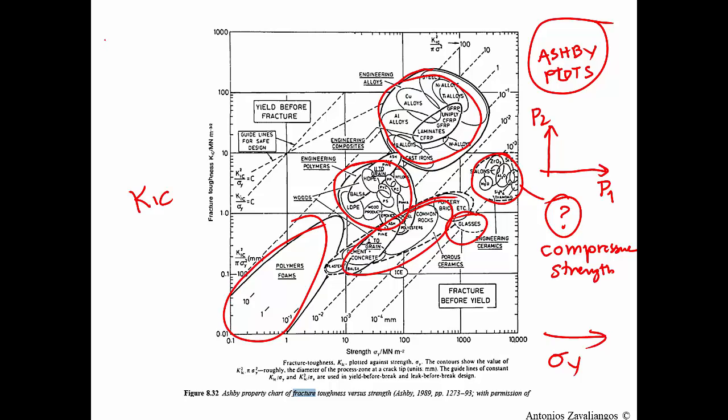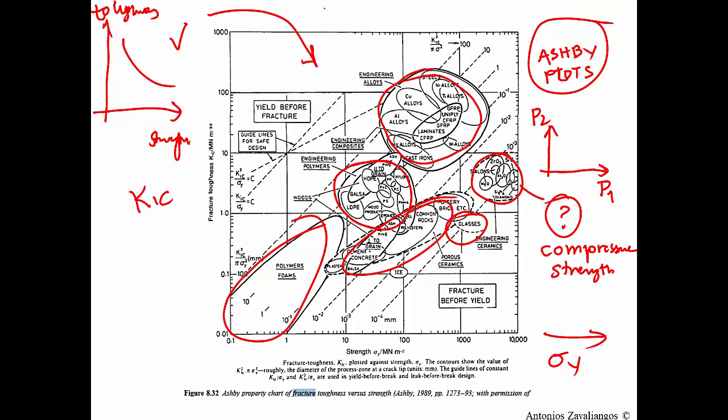In fact, I'm sure that in some of your classes, most probably in metals, you have seen graphs that look like this. Toughness and strength here. And you have talked about the possibility of compromising, in fact reducing the strength in order to increase the toughness. Now, where is this in this graph?